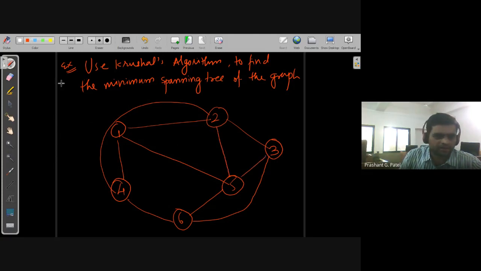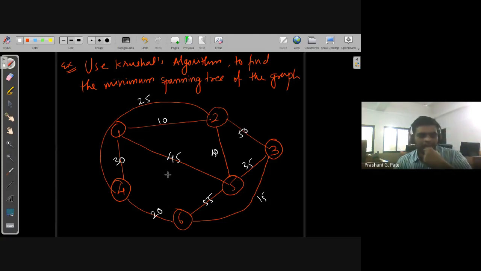And there are weights also given to each edge. So this is 25, this will be 10, 45, 30, 20, 55, 15, 35, 40 and 50. So this is the graph.